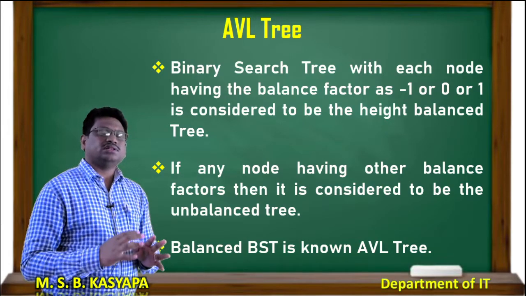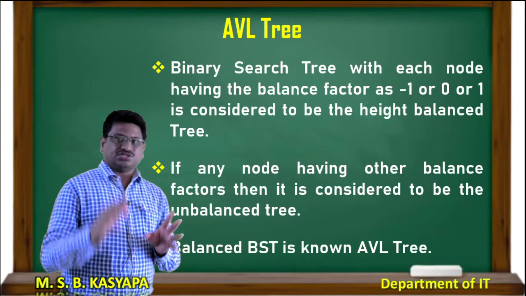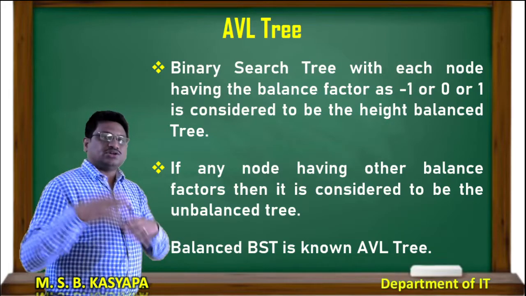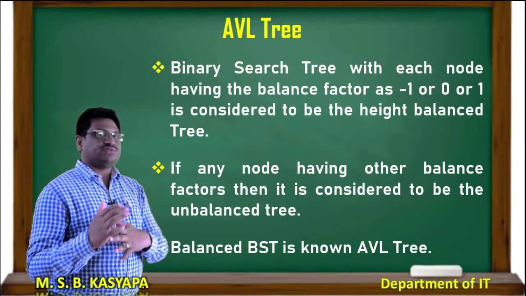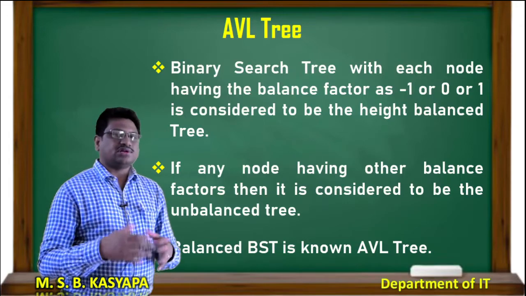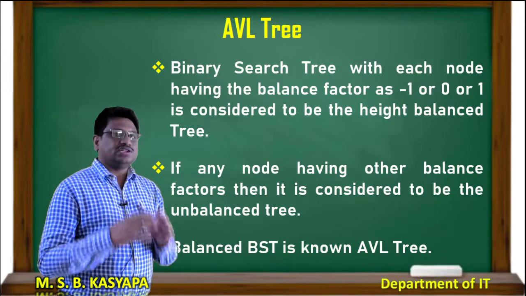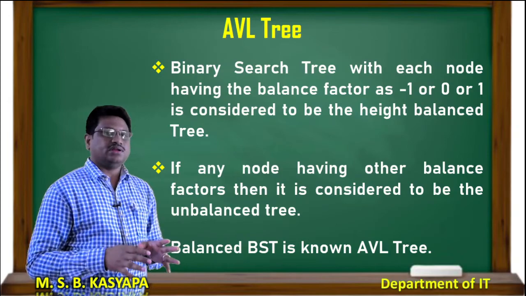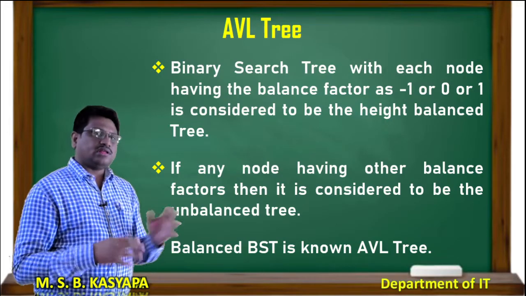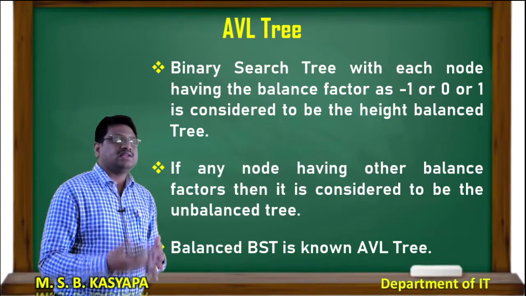If the balance factor is anything other than -1, 0 or 1, like 2, -2, +3, -3, then it is not an AVL tree. I can say these are unbalanced binary search trees.